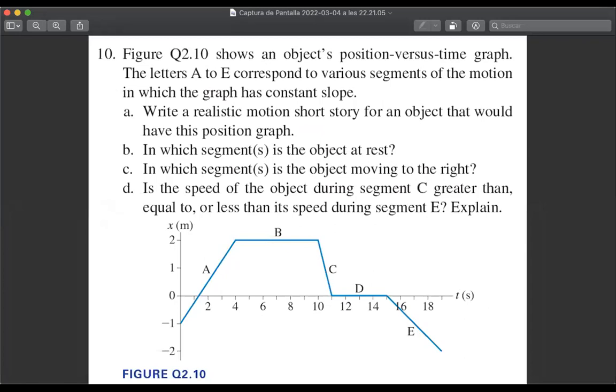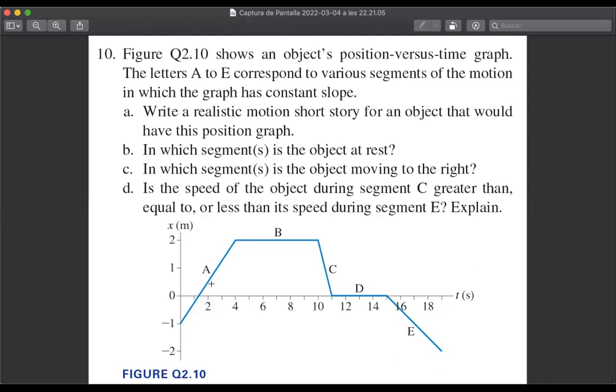So the figure shows an object's position versus time, right? The letters A to E correspond to various segments of the motion in which the graph has constant slope. Okay, so A: write a realistic motion short story for an object that would have this position graph. I don't know, maybe it's a runner.